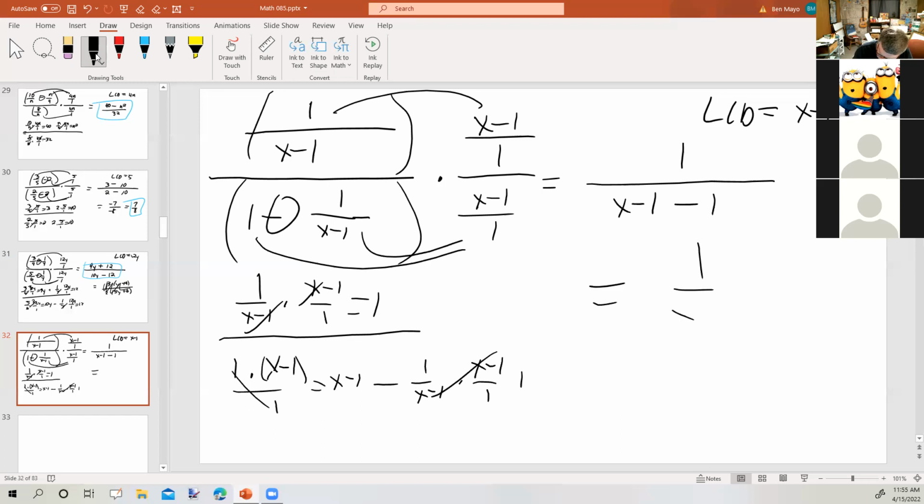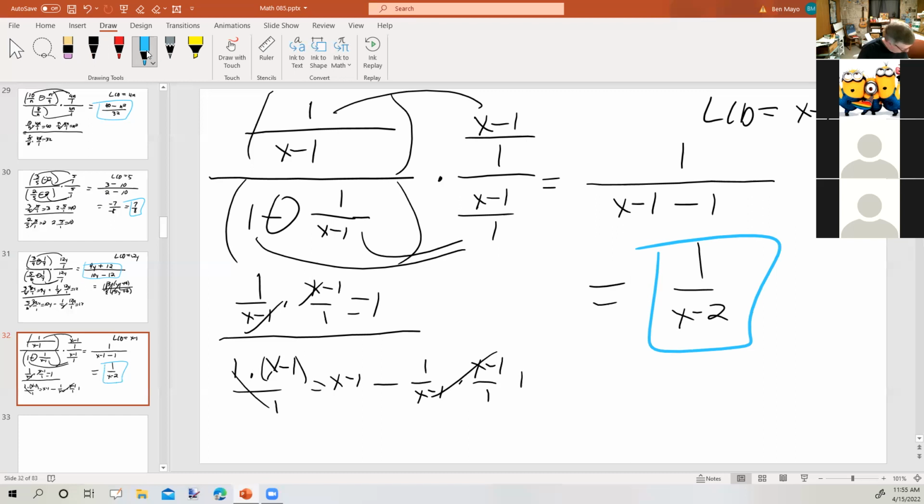So then I've got 1 over x minus 2. That's all there is, and we are through with that particular problem. All righty? Yes.